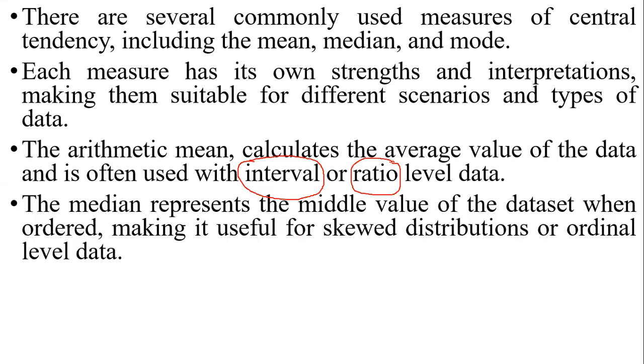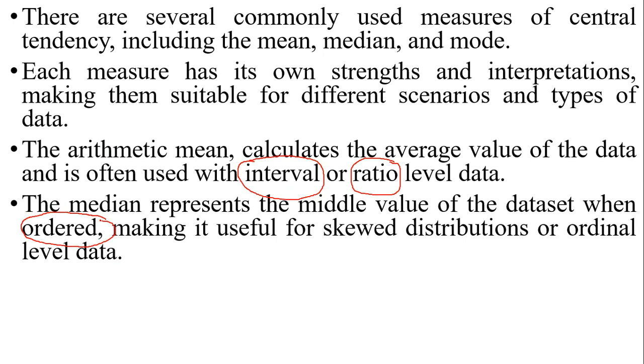On the other hand, the median represents the middle value of the data set when ordered. So we must order the data from the least to the highest, or from the highest to the least. Then we can get the median from the data.